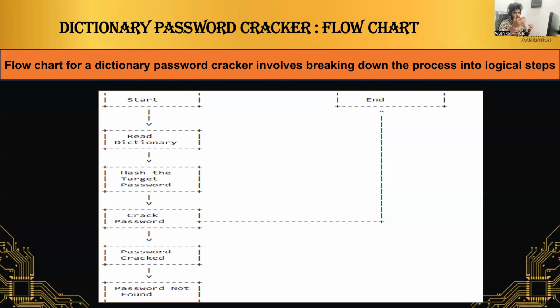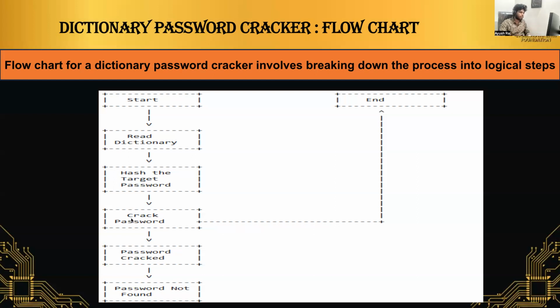So we will iterate through each word in the dictionary and convert them into a hash, and after that we'll try to match that hash with the hash which we want to crack. So in the third step, we change the word in the dictionary into a hash, and then we try to match it with the hash that we want to crack.